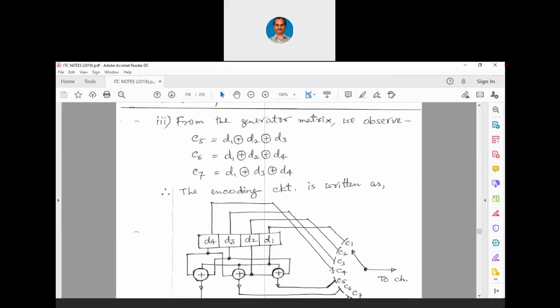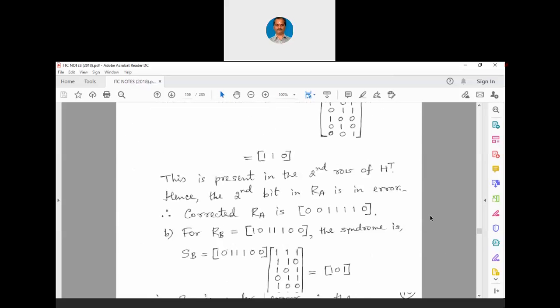Now we have to write the hardware for the encoding circuit and syndrome. From the generator matrix, we can observe that C5 is D1 XOR D2 XOR D3. Let me show you the generator matrix.